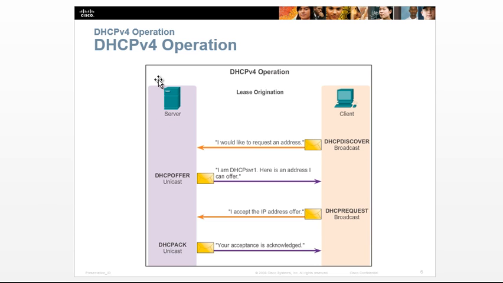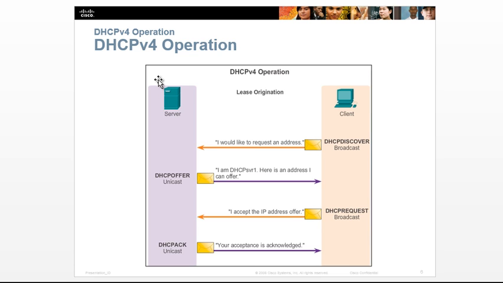So here is basically how that works. You have a machine that sends a DHCP Discover broadcast, which essentially is a packet saying I need an IP address. Then the server sends a unicast packet back that says I'm the server, I have an address I can offer.